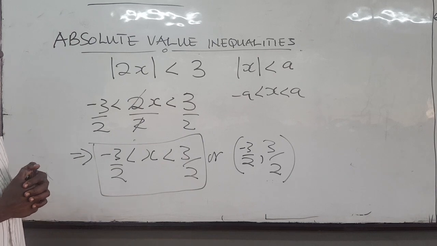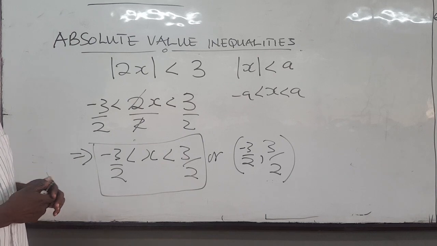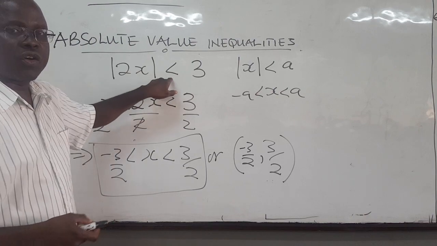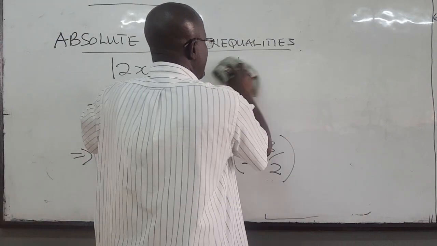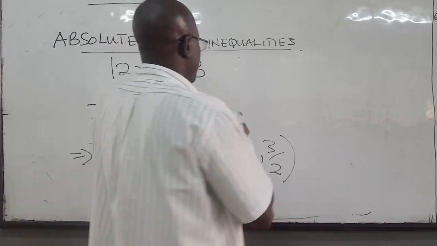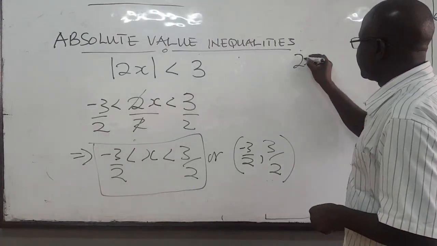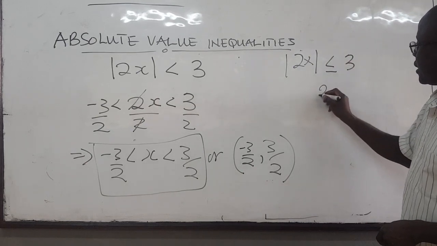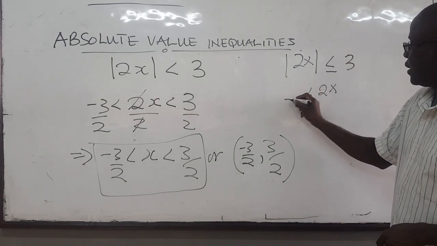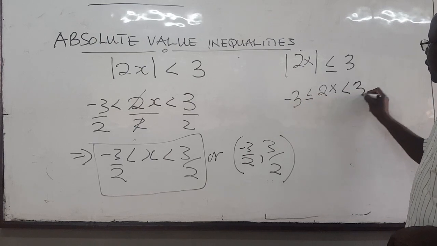Alright? Good. What if it was less than or equal to? Same approach, right? If it was less than or equal to, then 2x is less than or equal to 3 will mean that 2x lies between negative 3 and 3.